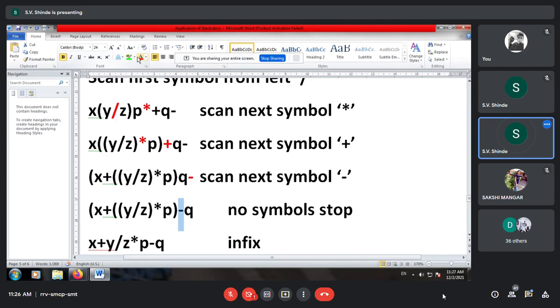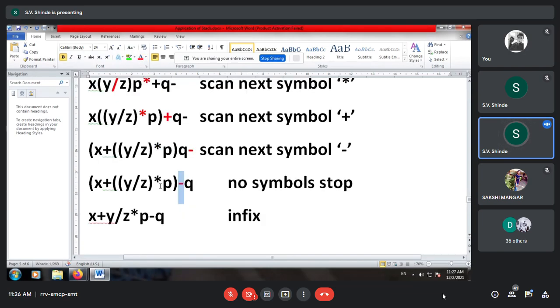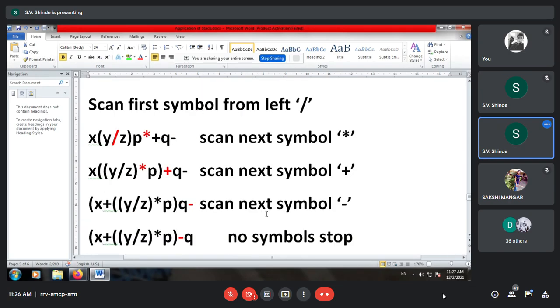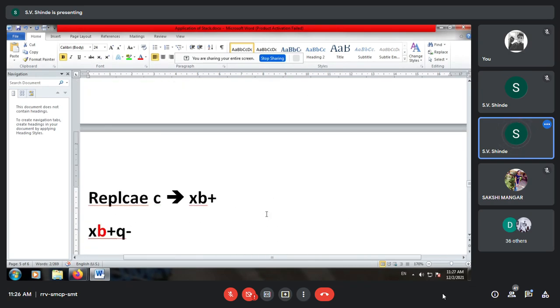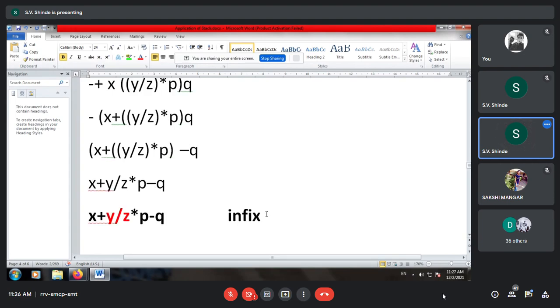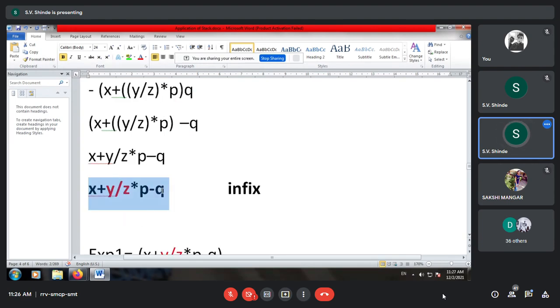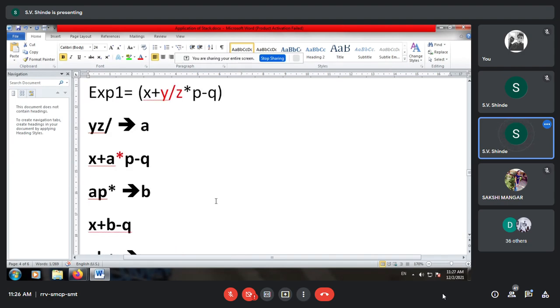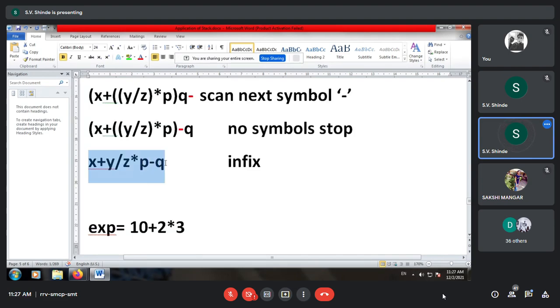If you remove the brackets now, it is the same infix expression which was given as the input. You can see this infix expression is similar: x plus y divided by z into p minus q, and that was evaluated by us here.